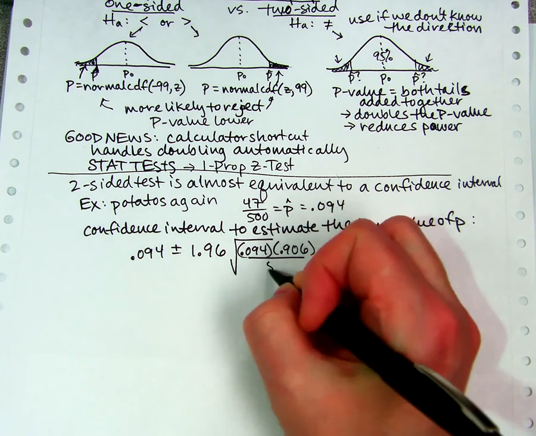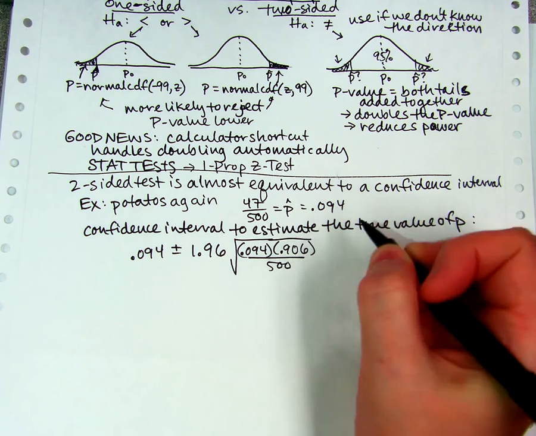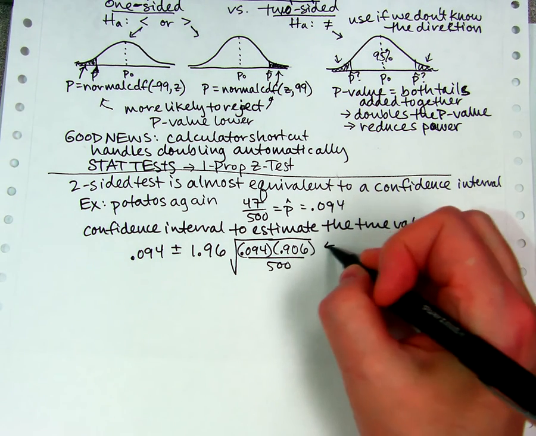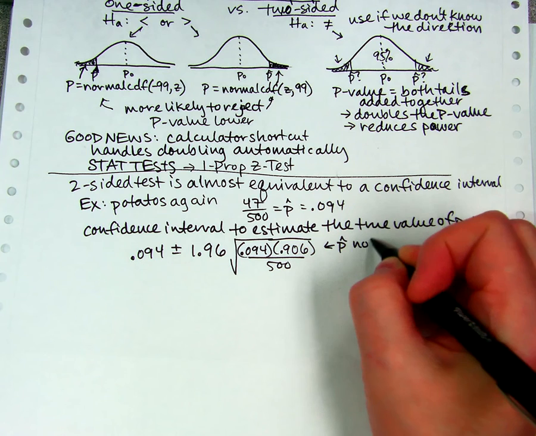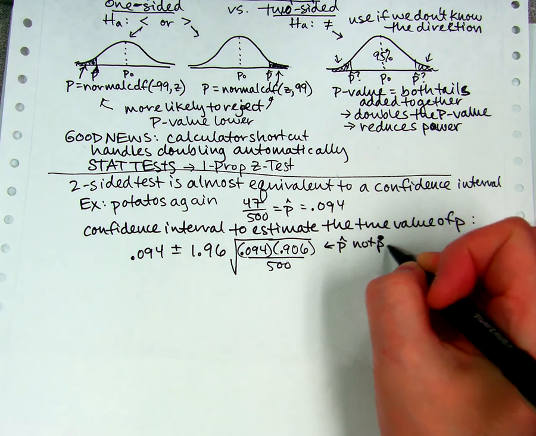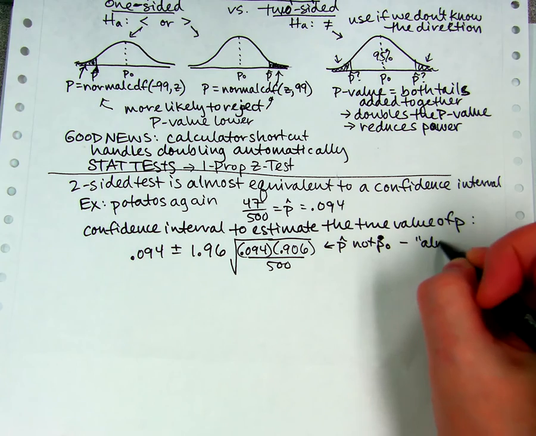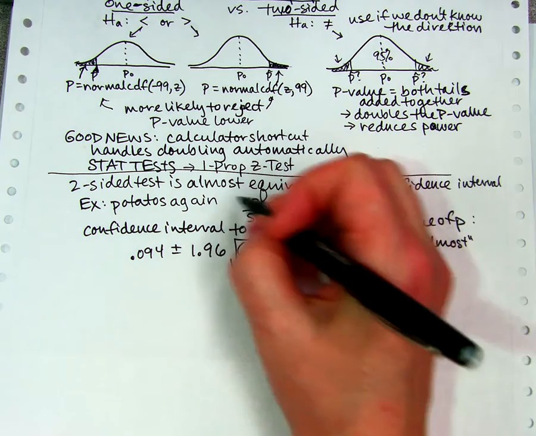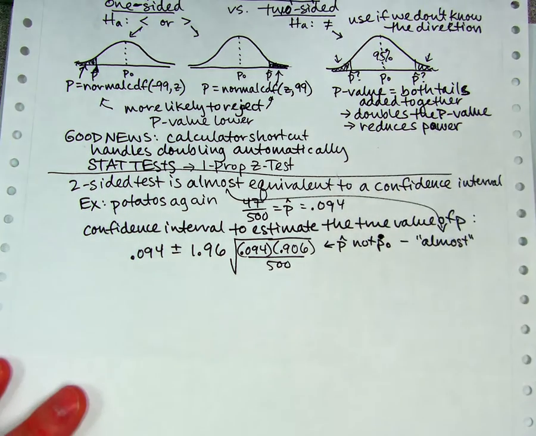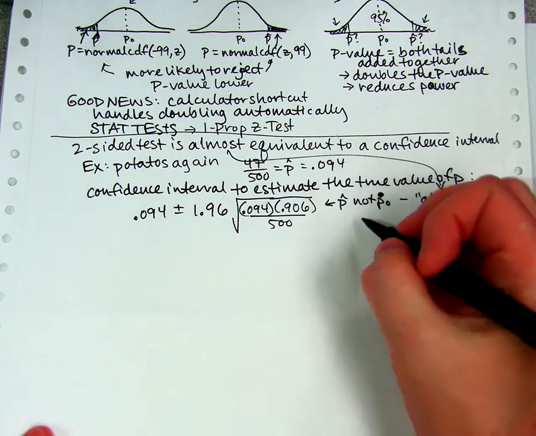And then I divide it by 500. So basically, this is p-hat instead of p0. Oops, I meant to say p0, which is why it's almost the same thing. Not quite. It's slightly different because it's the standard error.